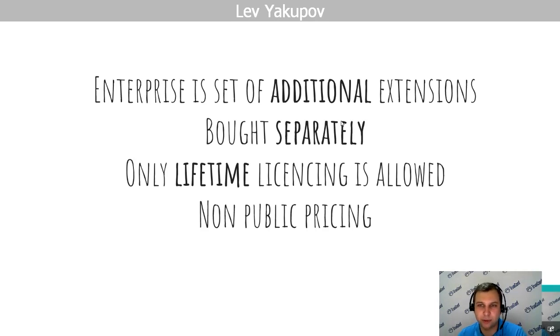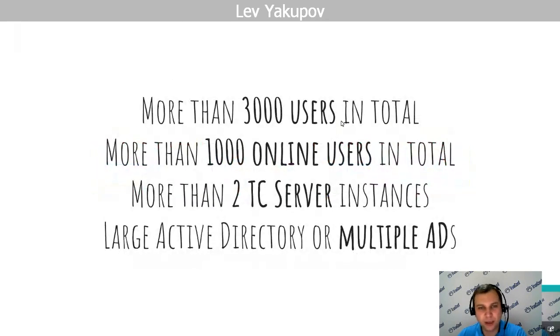So when we add those additional extensions, you have to understand the limitations we have in the regular TrueConf server version. They're quite large, but for your reference, you can see them on this page. We do not allow more than 3,000 registered accounts, 3,000 users on a single server.